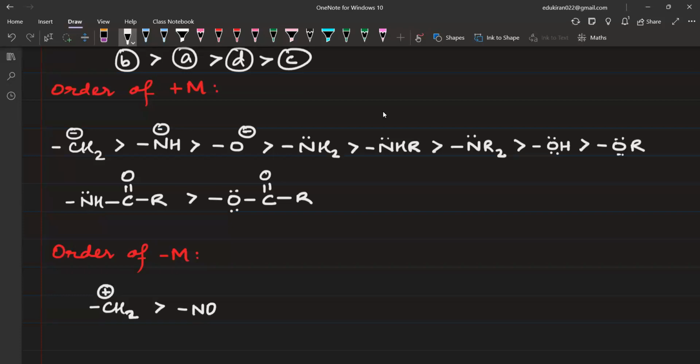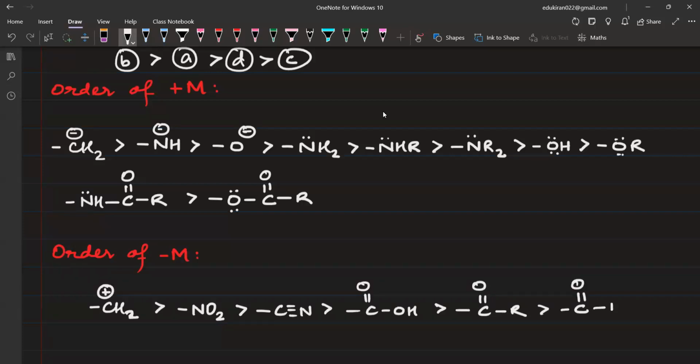Then if I talk about the neutrals, NO2 is largest, followed by C triple bond N, followed by carboxylic acid, followed by the ketone, and then aldehyde. Copy this down, raise your hand once you're done.